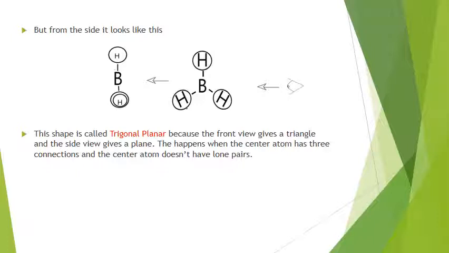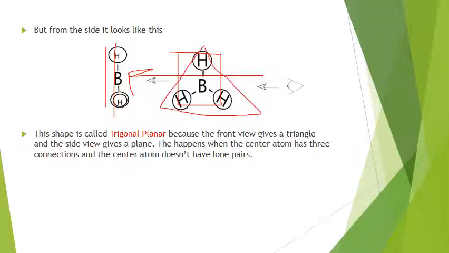But if we look at it from the side, you can see that it forms a straight line, or more realistically, it forms a plane, because a plane can go through this view here. All right. So we're going to name it according to its triangle shape and the fact that you can put a plane through it. So this shape here is called trigonal planar.